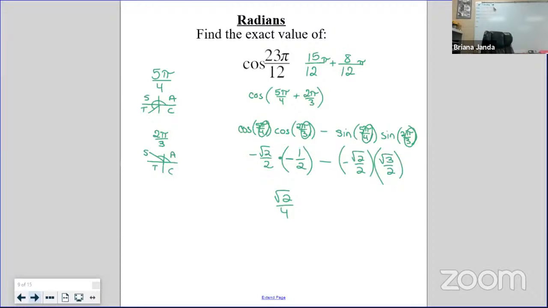So it's again going to look positive. Multiply straight across the top, straight across the bottom. And we get 2 positives this time. Good? Final answer, square root of 2 plus square root of 6 over 4. How are we doing? Good? Okay.